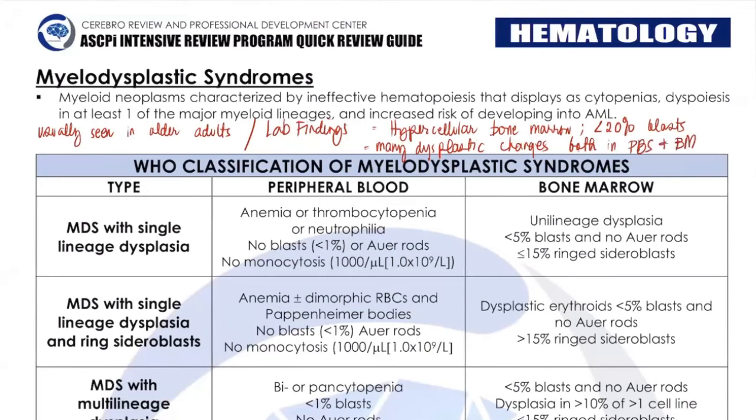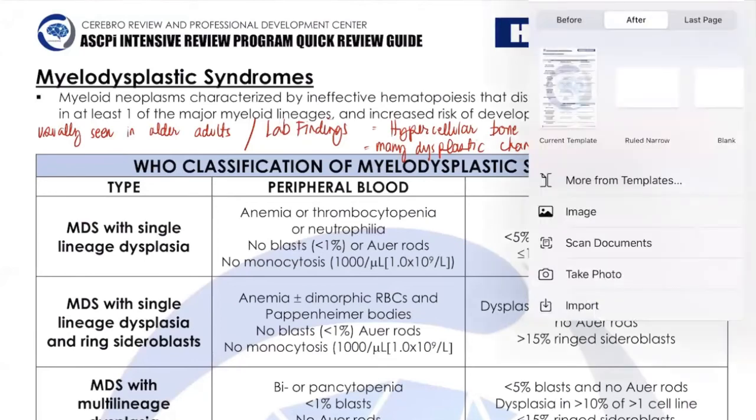So pag sinabi natin na dysplastic changes, it could affect any lineage. So let's say for example, if it affects the erythrocytes, tawag natin doon dyserythropoiesis. Okay? So ano-ano ba yung mga example ng dysplastic changes?